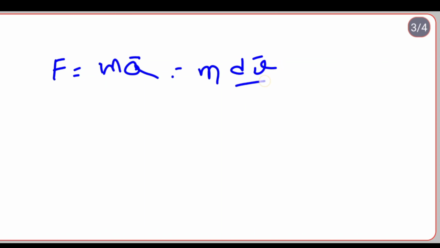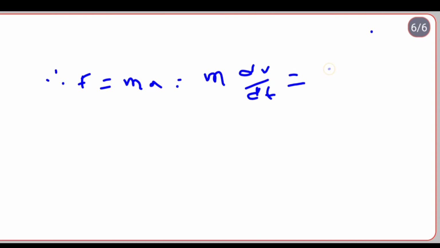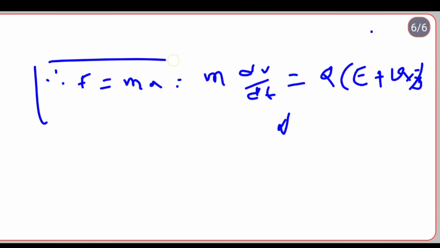Therefore, F equals m dv by dt, which equals Q into E plus V cross B newtons. This is the Lorentz force equation: F equals ma equals m dv by dt, or F equals Q into E plus V cross B.